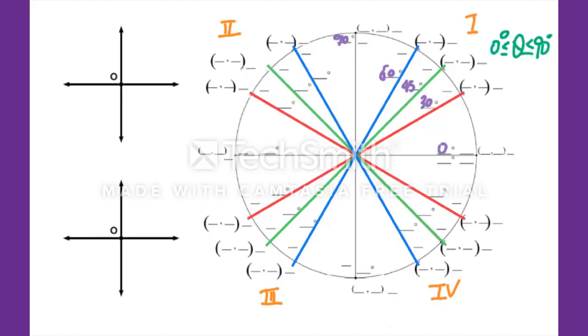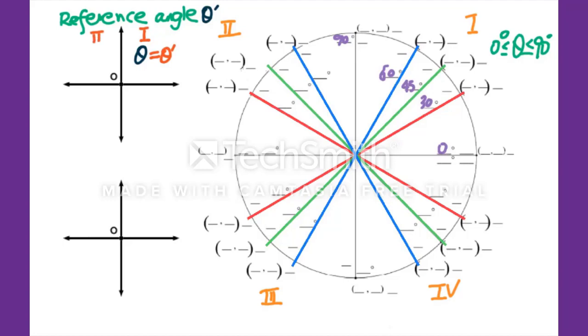We call this a reference angle. Normally we use theta prime to show that. In other words, any angle in the first quadrant we call the reference angle, so it equals theta prime.